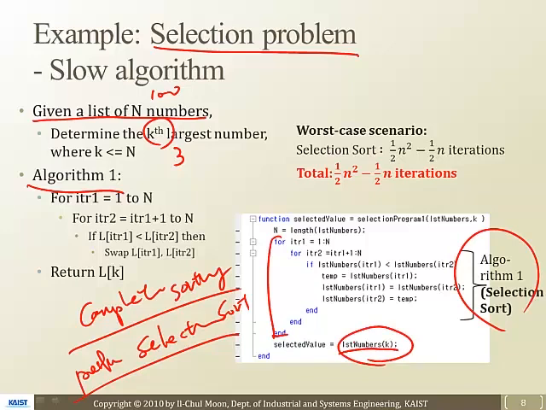Right? The k-th number of the list. So the efficiency of this approach will cause this many iterations, which becomes the worst case scenario iterations of the selection sort. We already explained and covered this, so it's very simple, right?